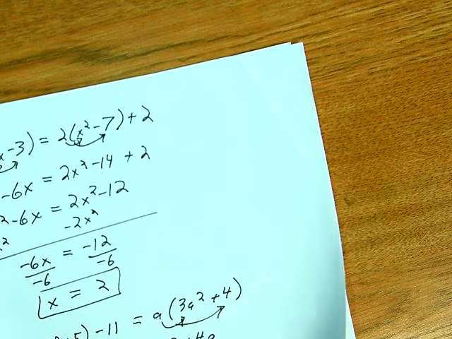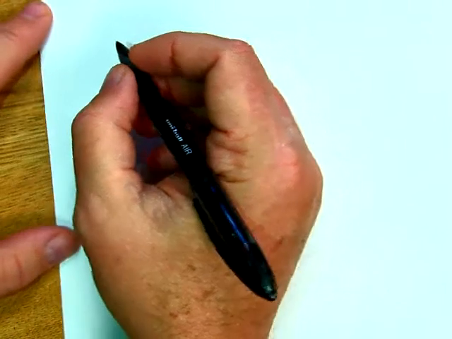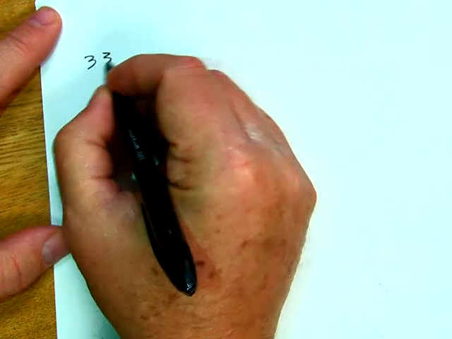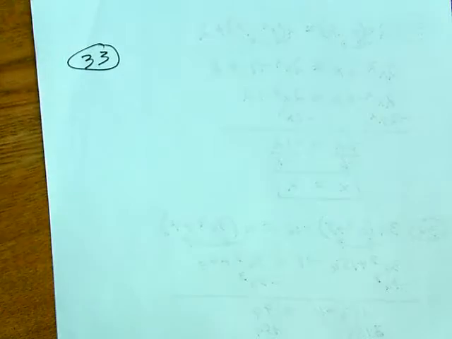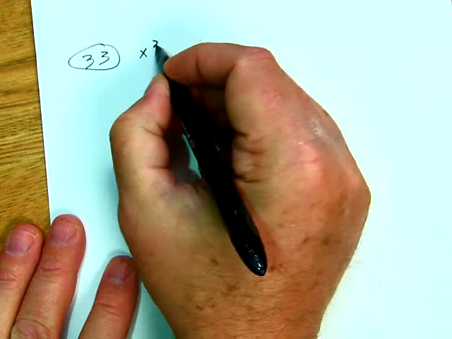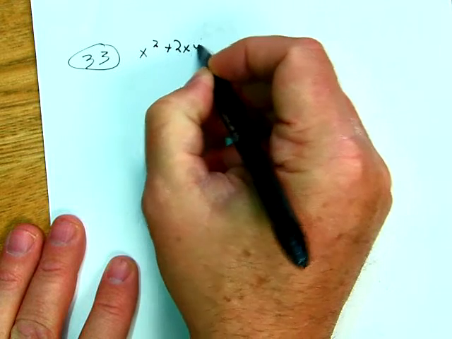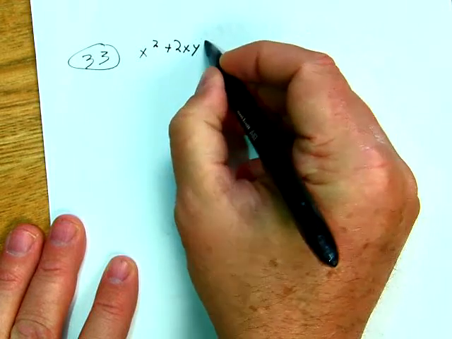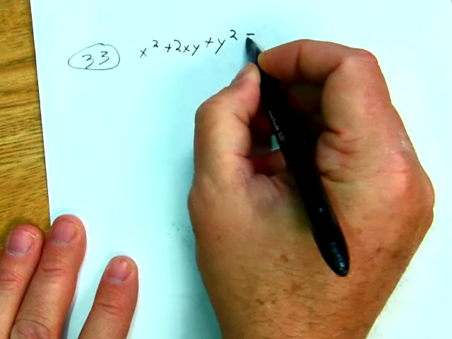And finally, the last question in the practice test is number 33. It is a standardized test question. They're telling us that we have x squared plus 2xy plus y squared is equal to 8.